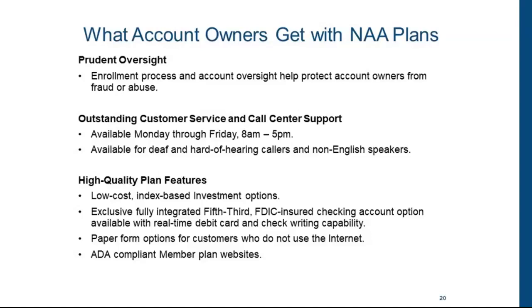We are very concerned about that, and that is one of the things that we are able to provide to all of our customers. Outstanding customer service and call center support. Regardless of what state you're in, the phones are answered 8 a.m. to 5 p.m. We also have services available for deaf and hard of hearing callers, as well as non-English speaking.